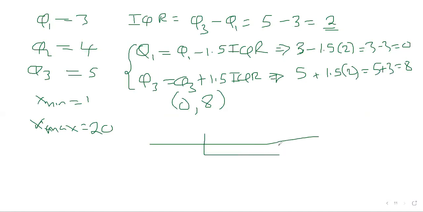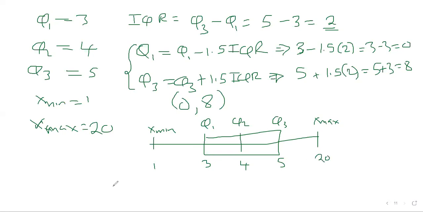A box whisker plot has 5 key things: the lowest value of x, quartile 1, quartile 2, quartile 3, and the maximum value of x. So here we have what? The lowest value was 1, the first quartile was 3, the second quartile was 4, the third quartile was 5, and the maximum value was what? 20.